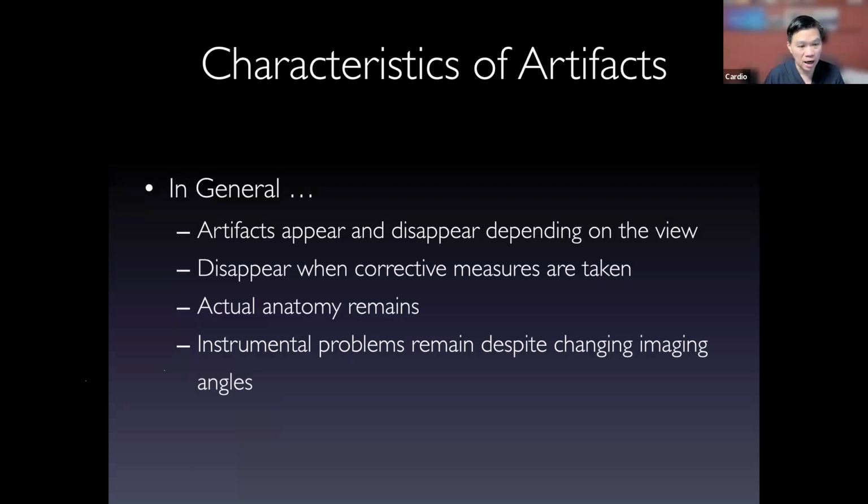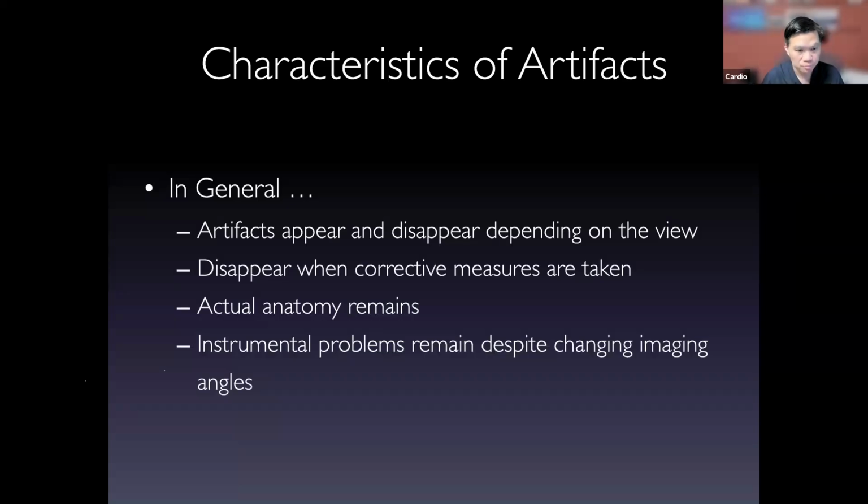The other concept about artifacts is that they disappear when corrective measures are taken. For example, if you have too much gain, you decrease the gain. If the PRF of your color Doppler is set too high or too low, if you fix it correctly, you can get rid of it. Those are some of the corrective measures that you would take as a scanner to interrogate whether this is an artifact or not.